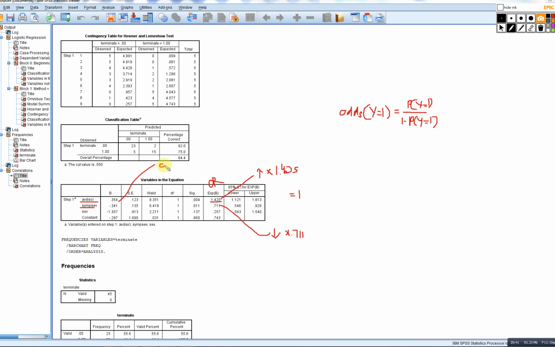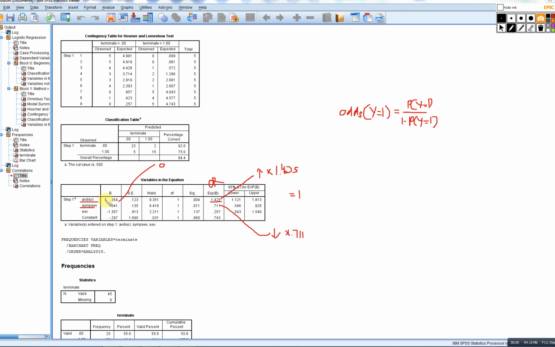So keep in mind that an odds ratio that is greater than 1 means that the odds are increasing by a factor of that number, and that also means that the regression coefficient is going to be positive.